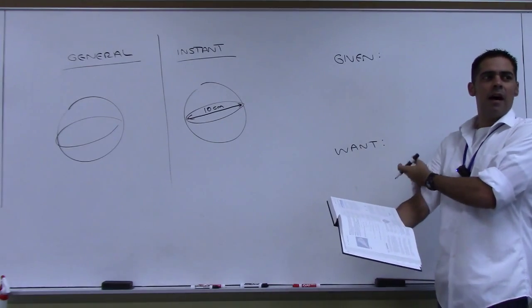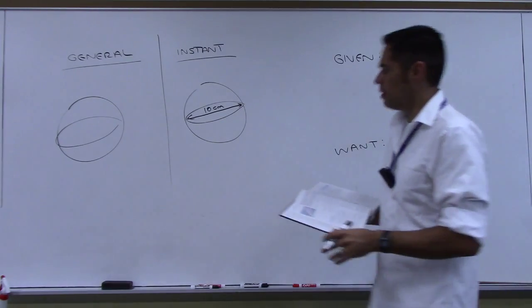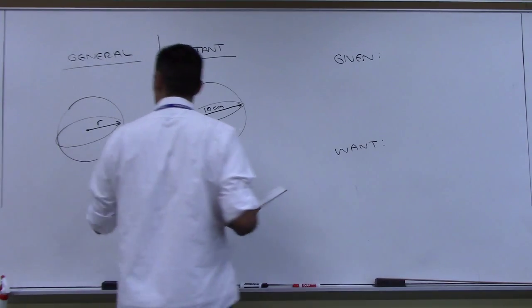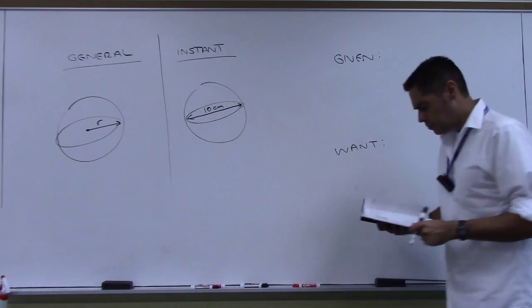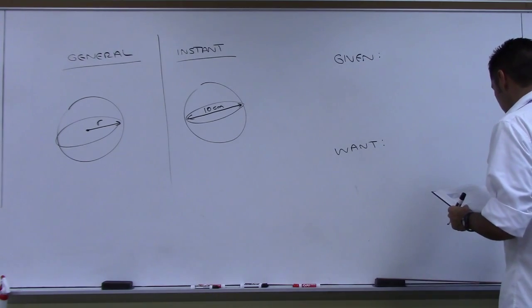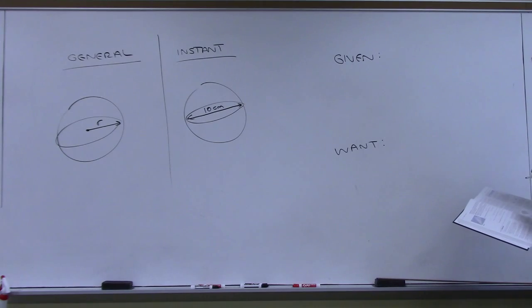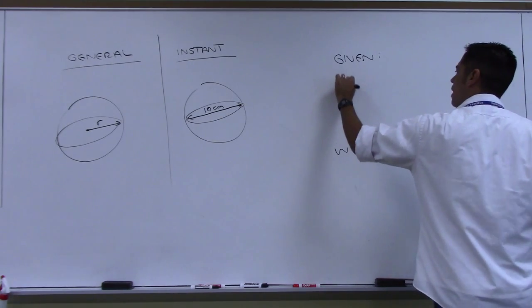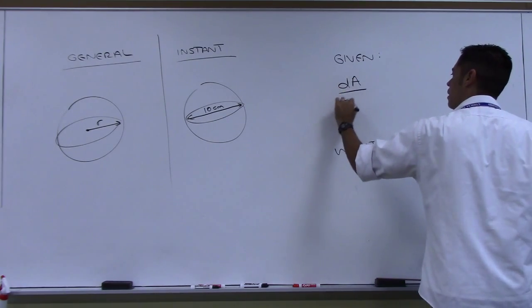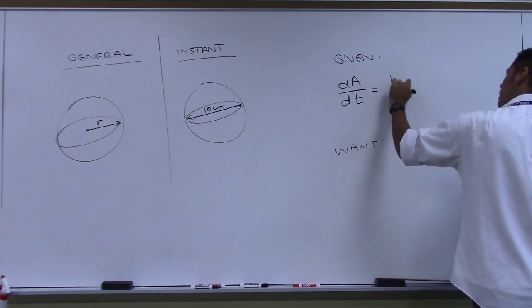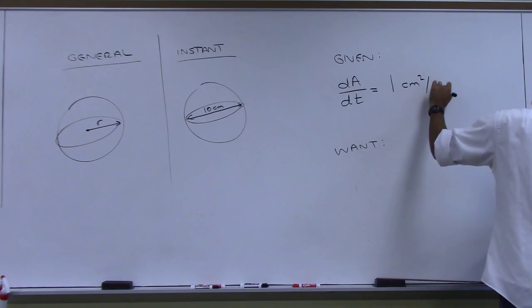Maybe, did you use 5 for radius later? Okay, let's see here. And then in general, this would have an R, wouldn't it? Like a radius. And you're given in the problem, the snowball melts so that its surface area decreases at a rate. So you're given the change in area, surface area, with respect to time as being 1 centimeter squared per minute.